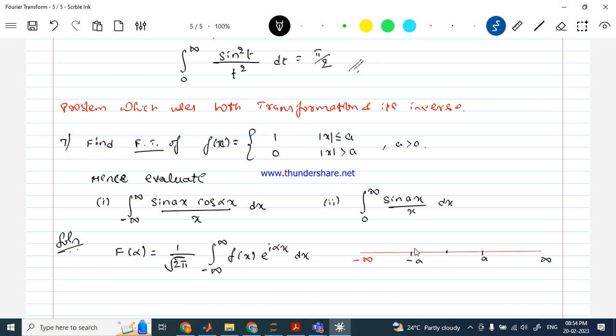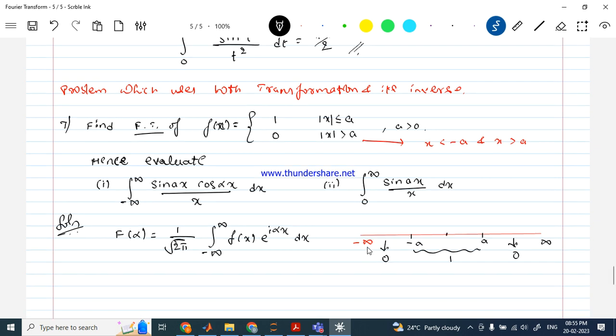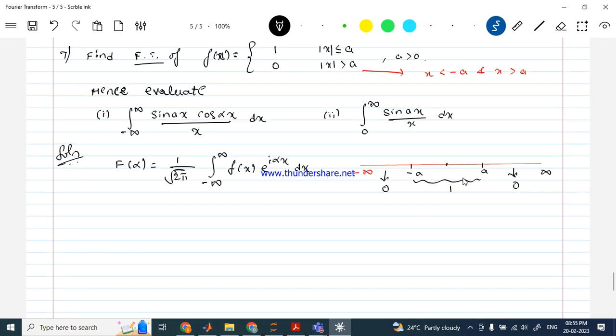Look at this function: its left extreme is minus infinity and its right extreme is infinity, and mod x less than or equal to a means it is from minus a to plus a. The function is given by just 1, so in this range the function is 1. Mod x greater than a refers to the values of x less than minus a and the values of x greater than a. In this interval it is 0, which means I need to integrate only in the interval minus a to plus a, where the value of the function is just 1.